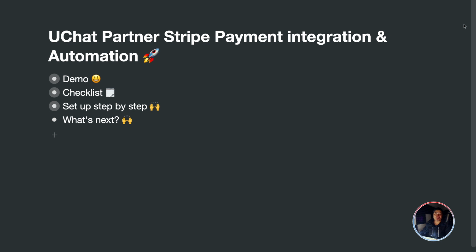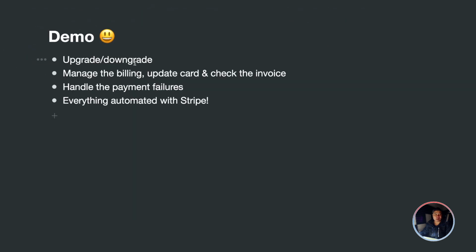So first of all, let me show you a quick demo of what you can set up for your UChat partner. I will show you how your clients can easily upgrade, downgrade, and manage the billing, update the card, and check the invoice if they want.